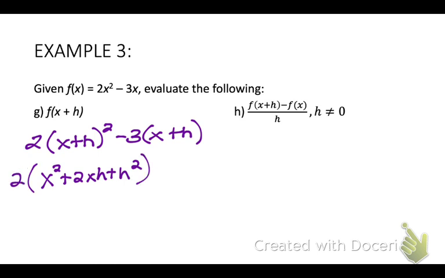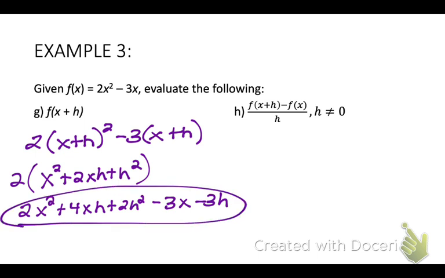Then we're going to double everything there: 2x squared plus 4xh plus 2h squared, minus 3x minus 3h. So there's our answer for G.